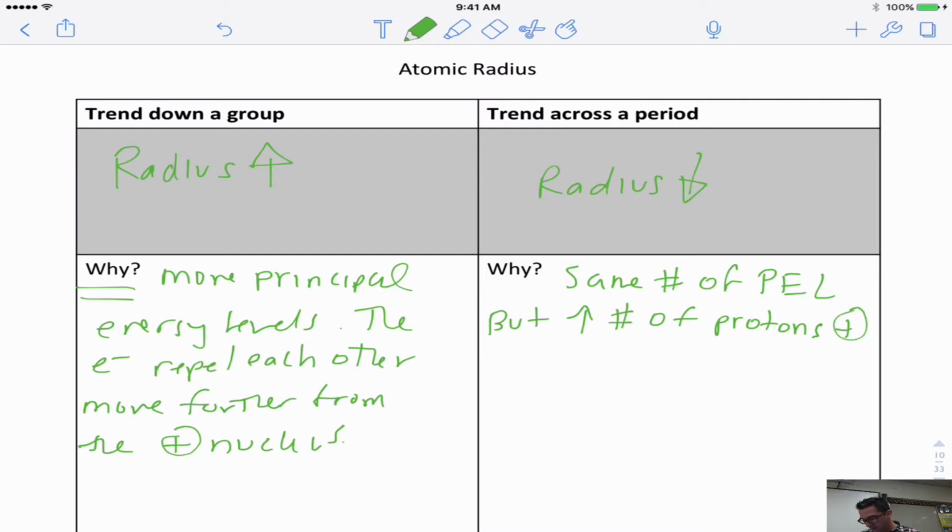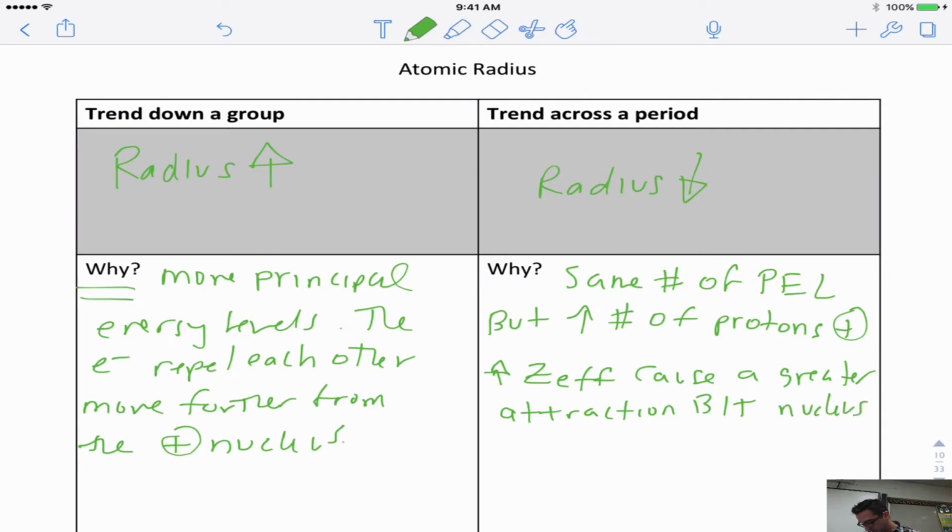So now this increased Zeff, because really you're keeping the same number of inner electrons and increasing the number of protons, will cause a greater attraction between the nucleus and the electrons, and it'll pull them in closer.